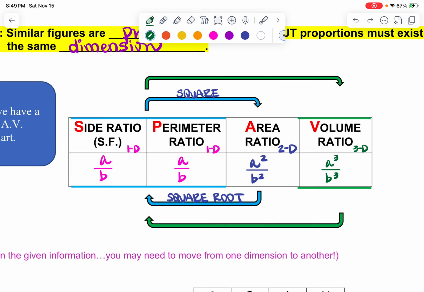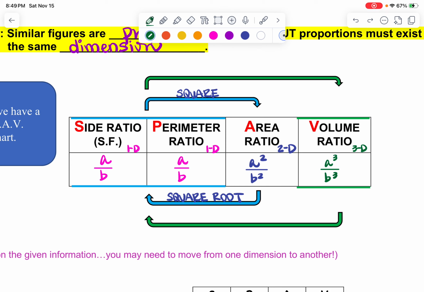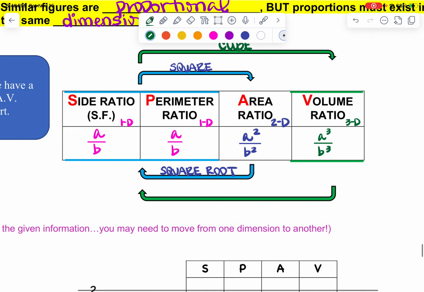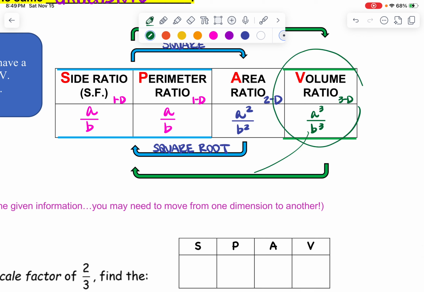So everything's going to go back to 1D. If we're in 1D land and we want to get to 3D land, we can just cube. But if we're in 3D land and we want to go all the way back to 1D land, we have to cube root.